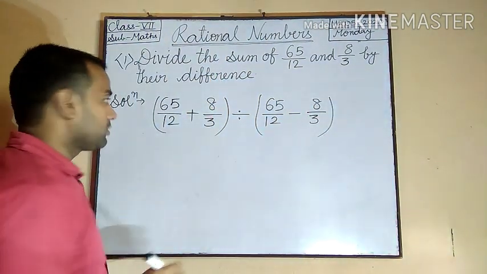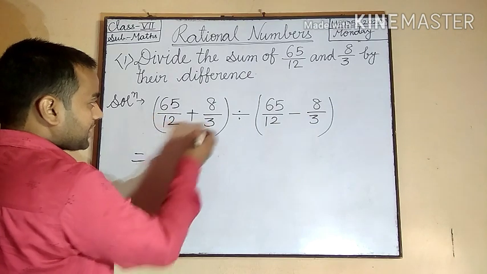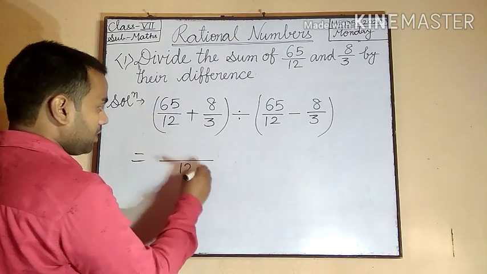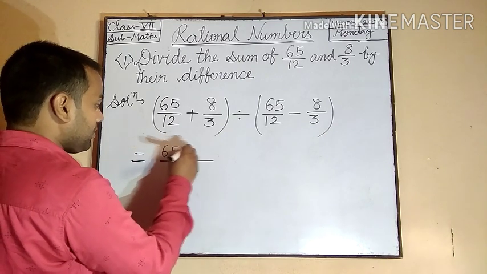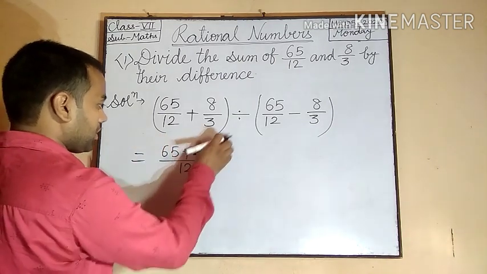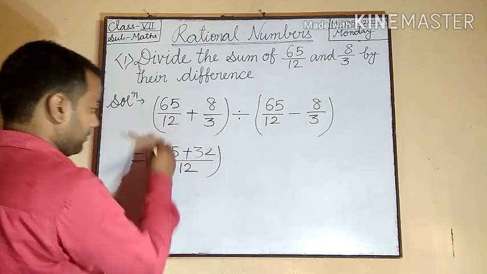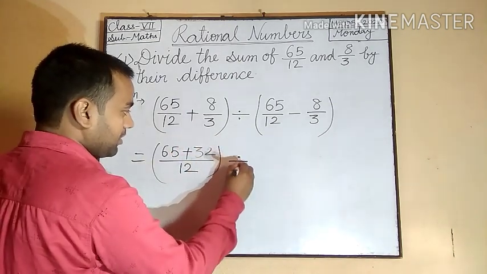Is it clear? Okay. First we take the LCM of 12 and 3, which is 12. Here write 65 plus 32, then the divide symbol.